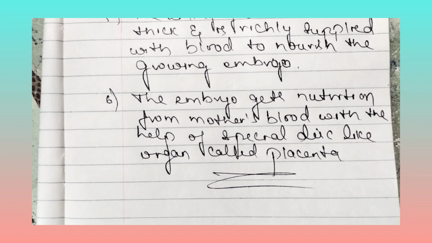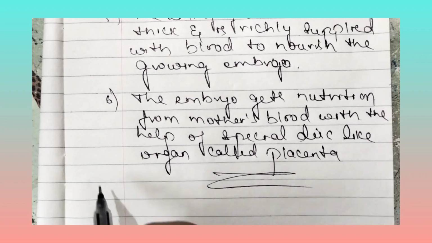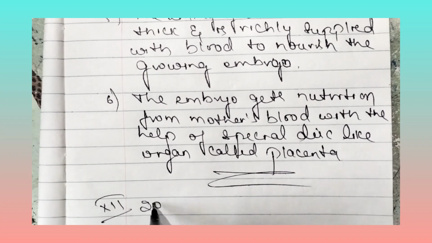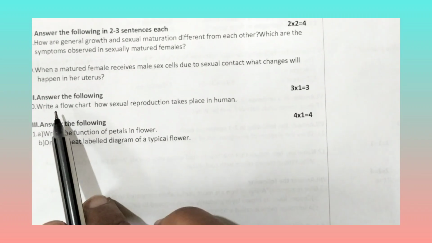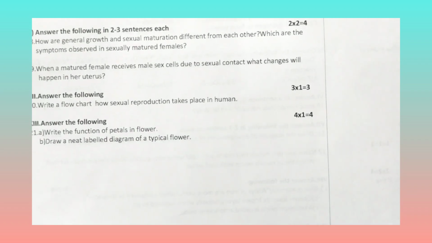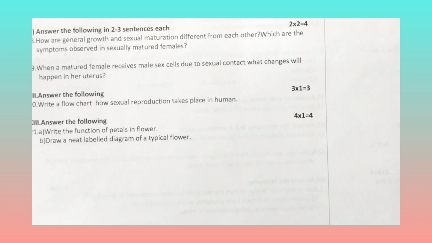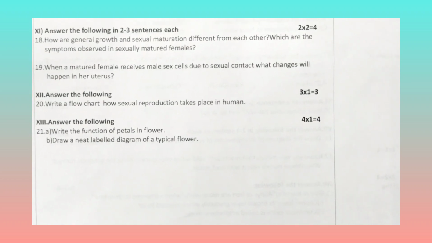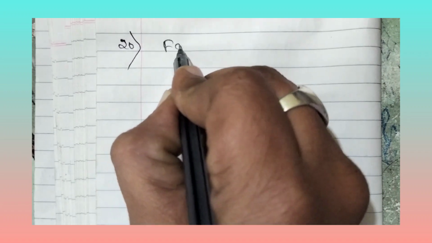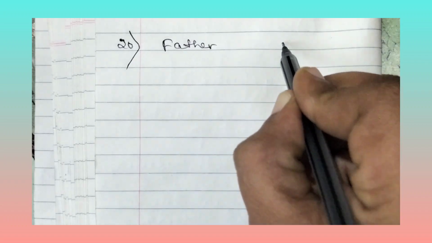Now let us move to question number 20. So this is 12th main, question number 20. So let us see what is that question. Write a flow chart how sexual reproduction takes place in human. So let us write the flow chart now. So father and here mother.